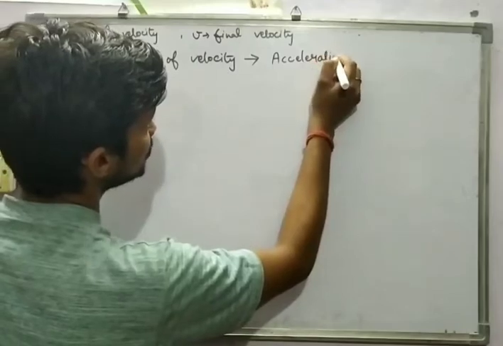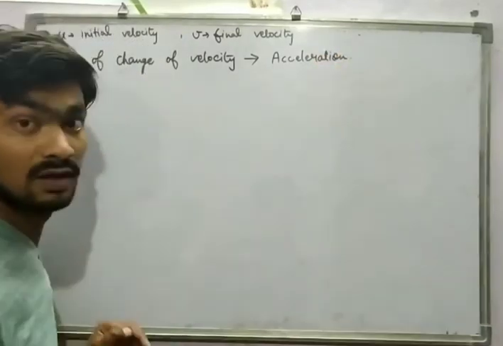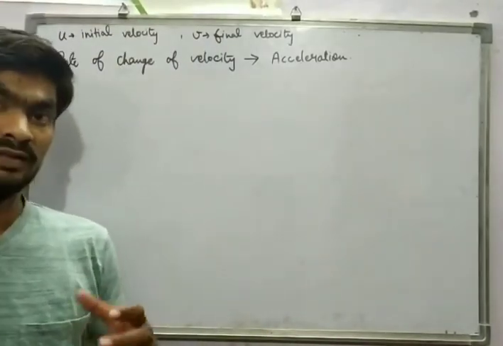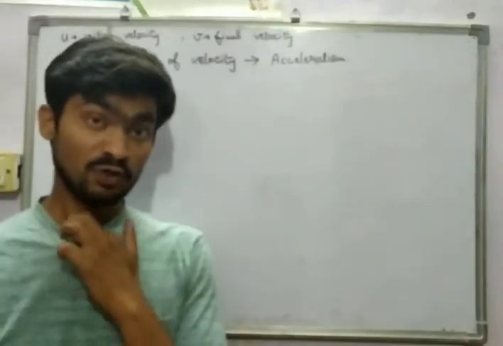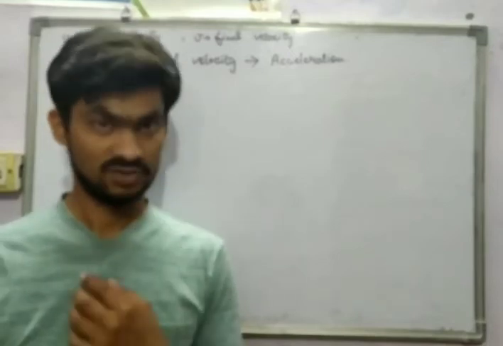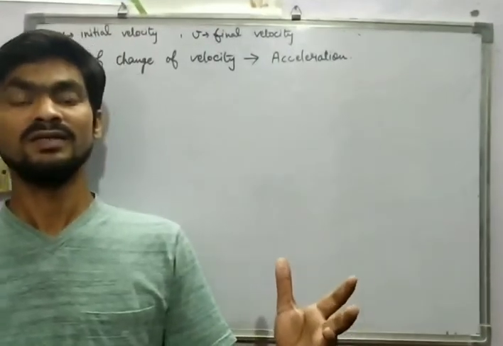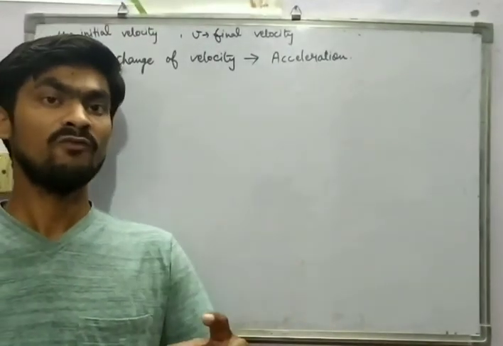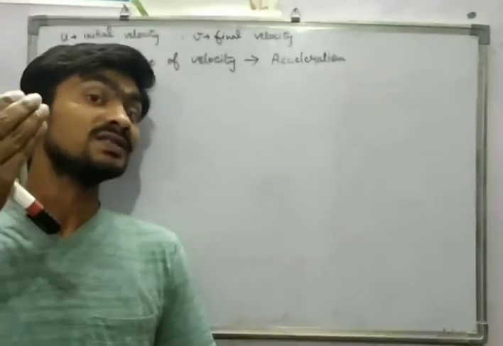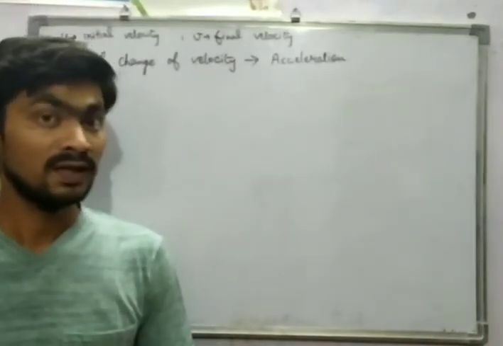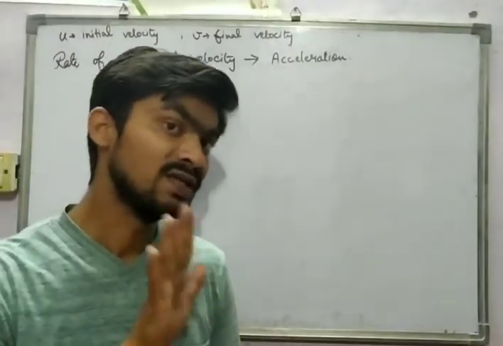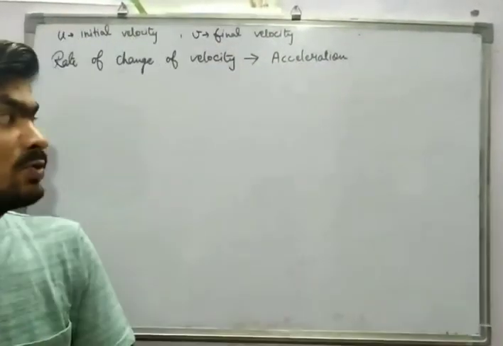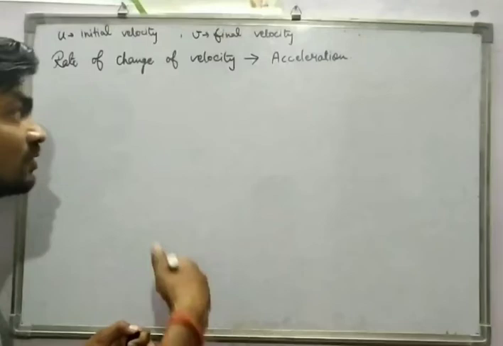Now you might have seen the automobiles fitted with accelerator. So accelerator is doing the work of increasing the speed of the automobile as well as decreasing the speed. So that I'll tell you how it is increasing or decreasing.